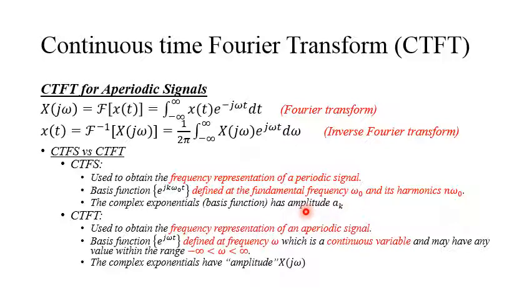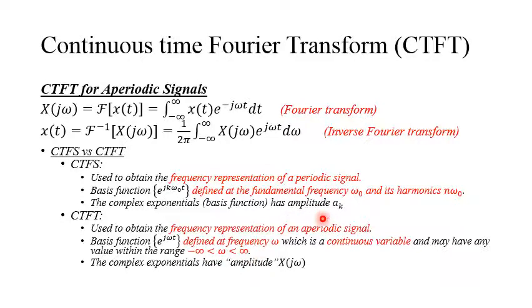So in case of a periodic signal, we have a discrete spectrum, whereas in case of the aperiodic signal, where we use the Fourier transform, we have a continuous spectrum, right?